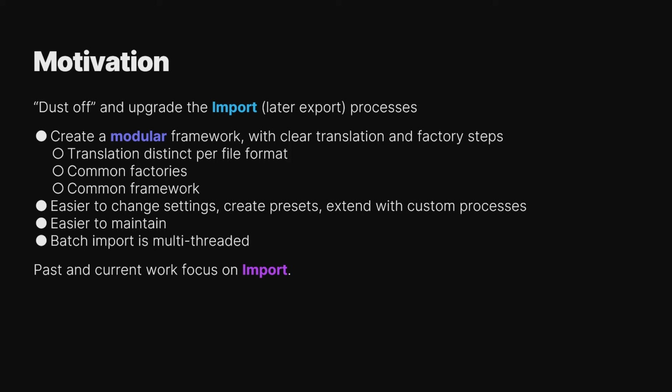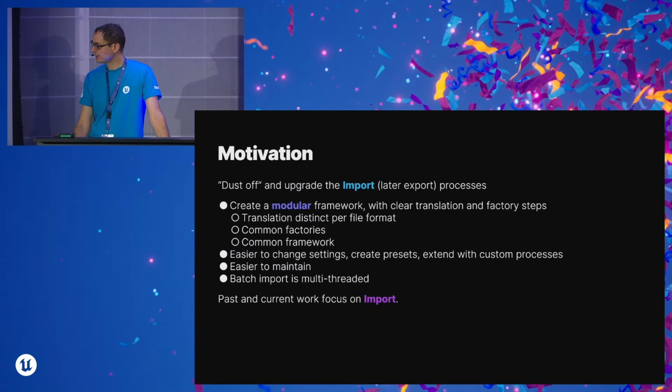For us, because it's modular, it's easier to maintain, and that means also it's going to be more stable. If you're importing several files at the same time, if you're doing a batch import of textures, GLTF, things like that, then each single file is going to be imported in parallel, so you get some benefits there also.